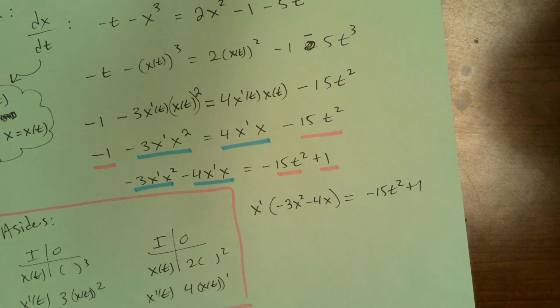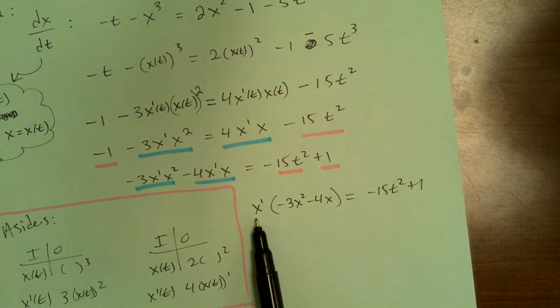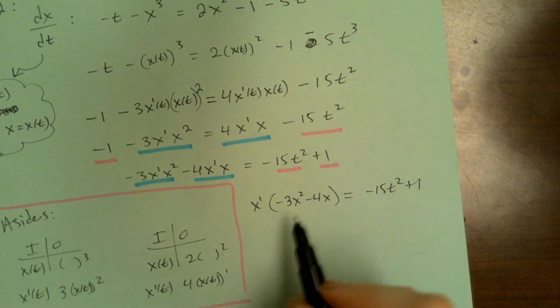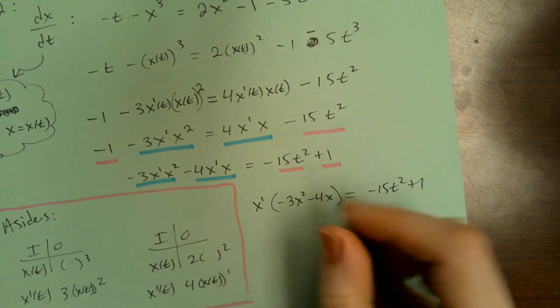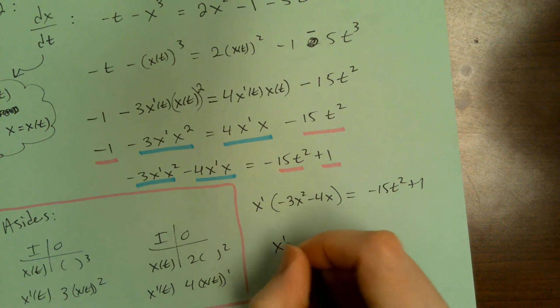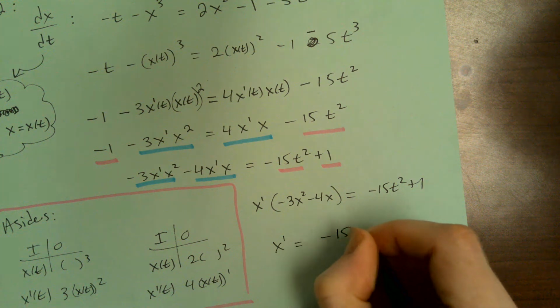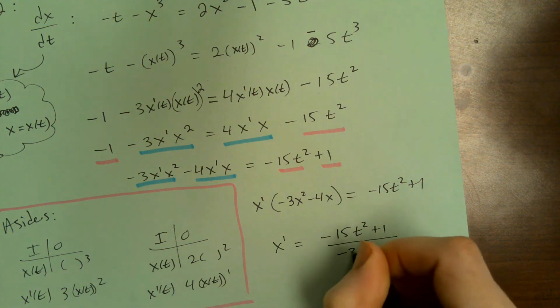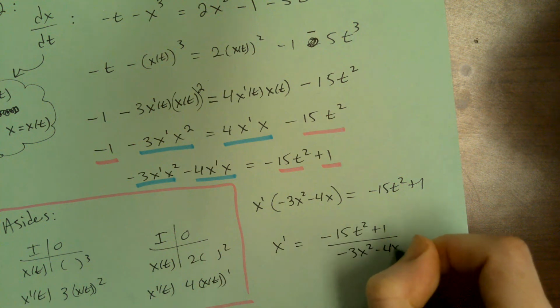We're solving for x prime, because x prime is the same as dx/dt. Then I'm going to divide both sides by the parentheses. So we get that x prime equals negative 15t squared plus 1 over negative 3x squared minus 4x.